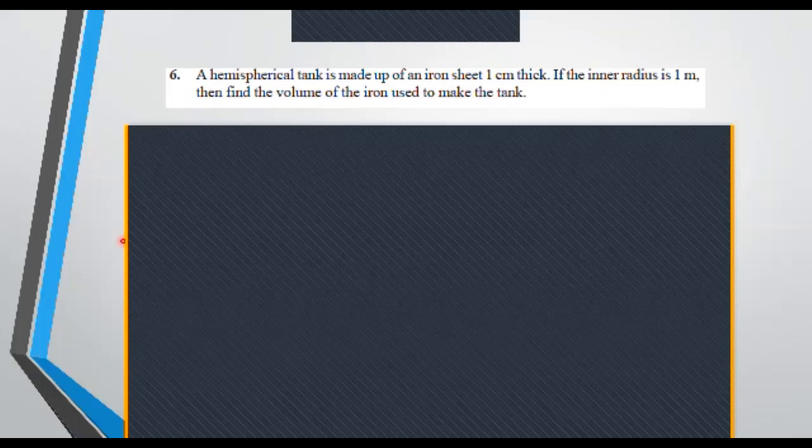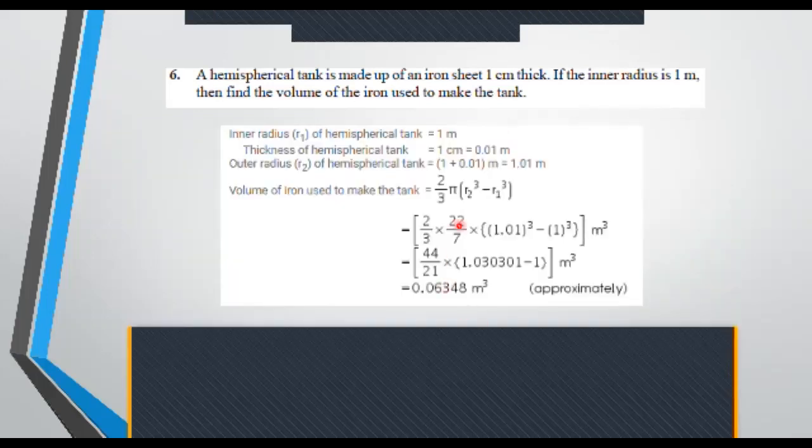So we have to use the outer radius, right? No, not that. Listen, children, understand the sum. You have to find the volume of the iron used to make the tank. So what is the amount of iron? It is the full sheet. So outer volume minus the inner volume. Now, don't calculate it completely, children. Do it like this. 2/3 pi as common.